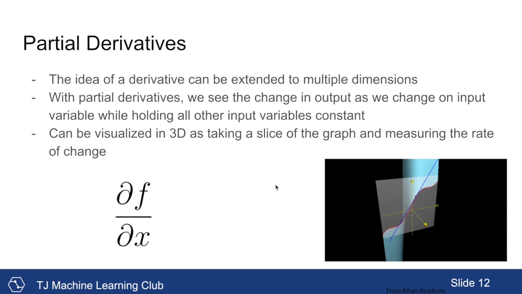What that amounts to in 3 dimensions is taking a slice of the graph and then doing the same thing as before. But don't worry about that too much. Just remember that the partial derivative represents the rate of change with respect to one variable, if you have a multivariable function.